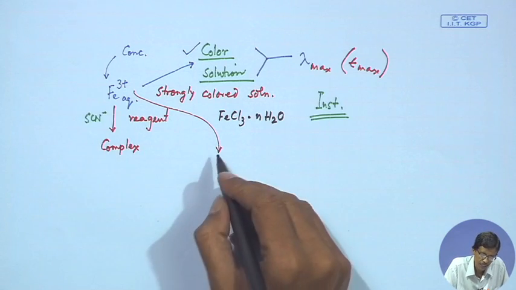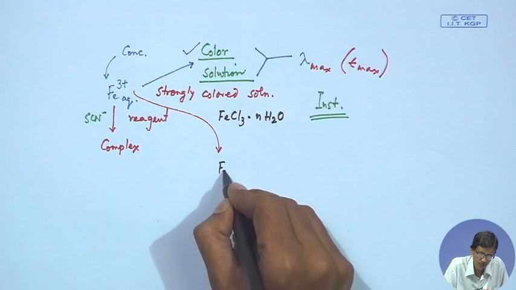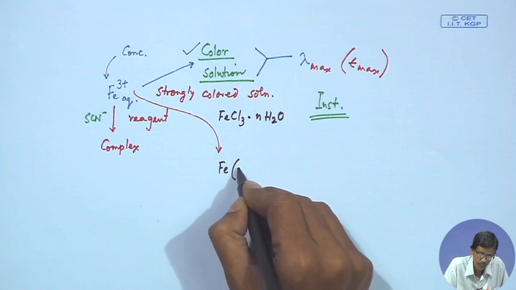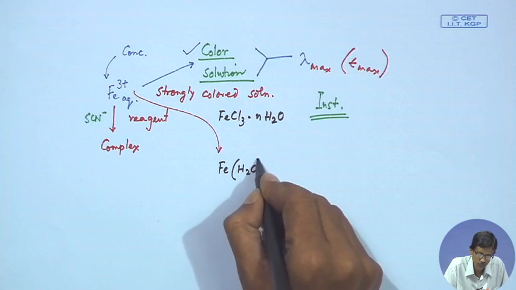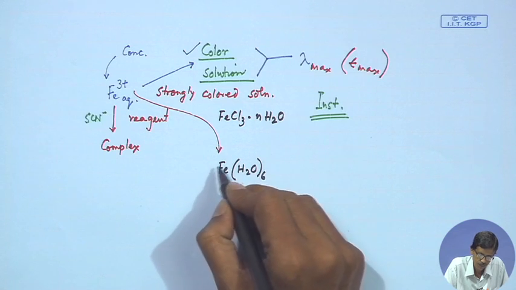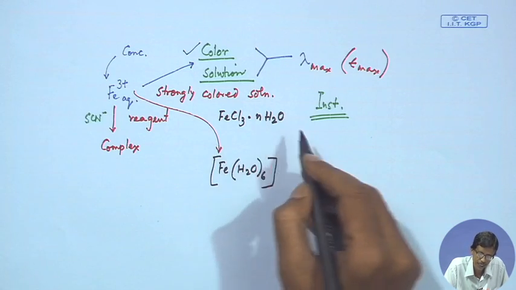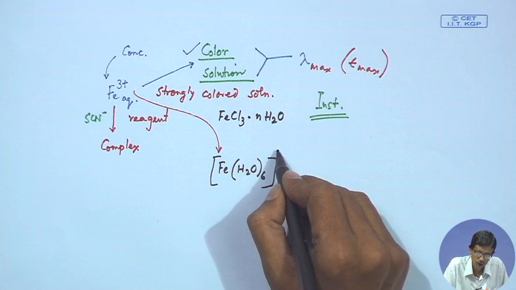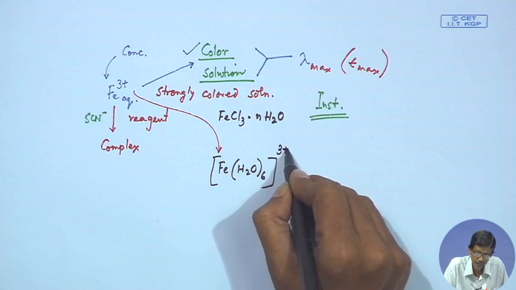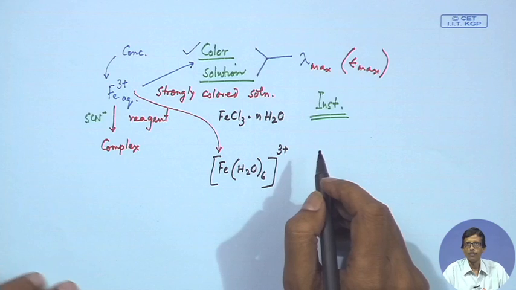This Fe3+ forming over there is not a simple Fe3+ only, but the corresponding hexa-aquo species. The complex coming directly from the dissolution of ferric chloride is the hexa-aquo Fe3+ ion.